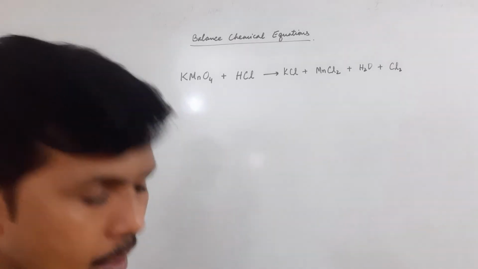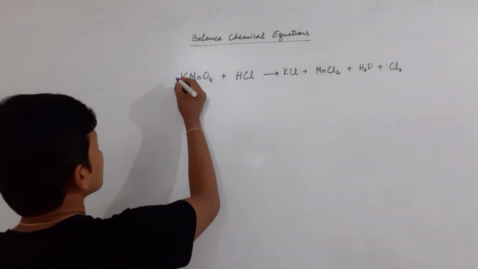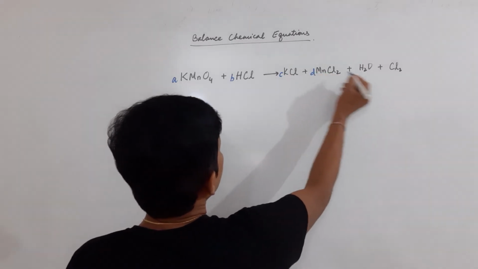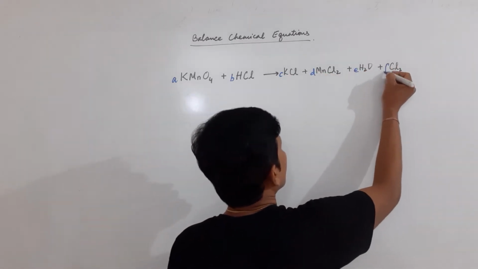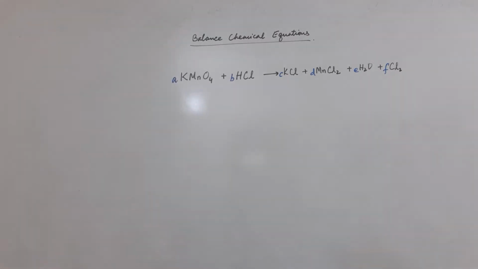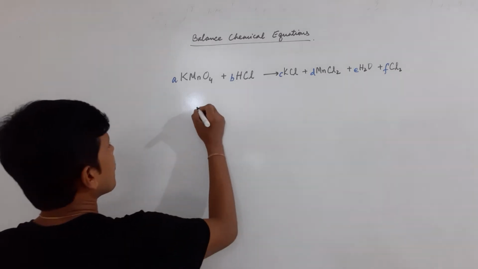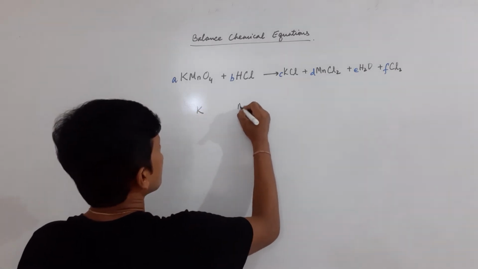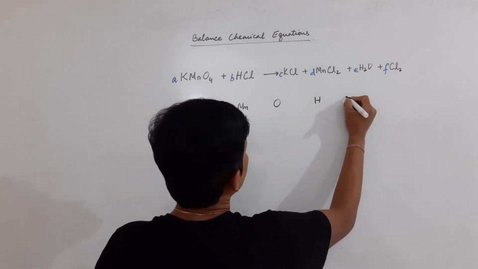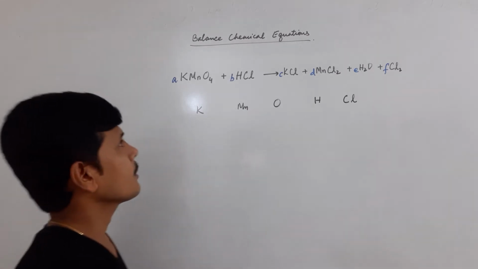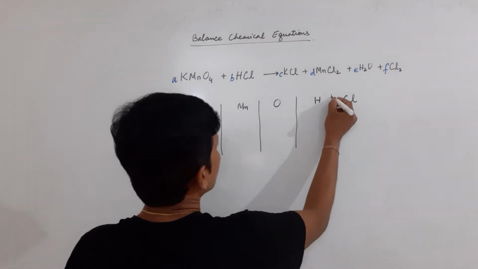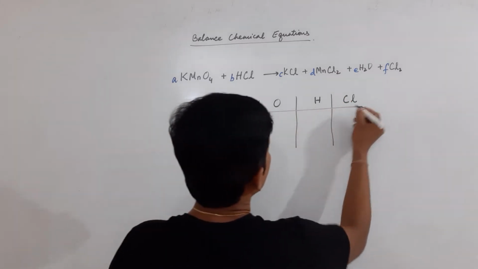Okay, now I am using some variables over here: A, B, C, D, E and F. Now I am going to take each atom: potassium, manganese, oxygen, hydrogen, chlorine. I am putting them in columns so that it becomes easy for us to understand.